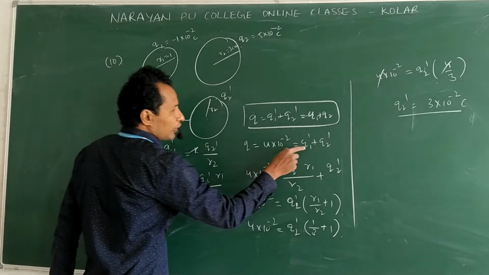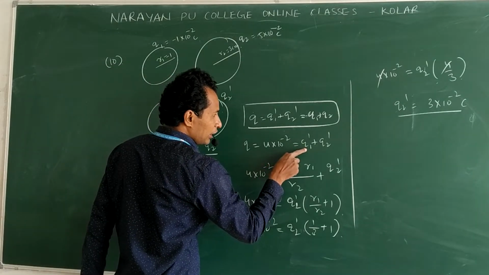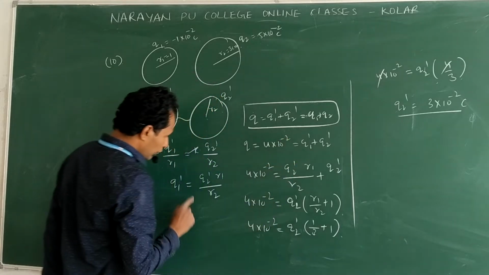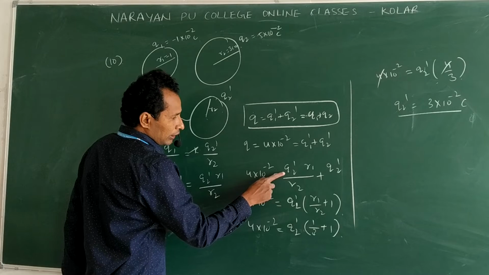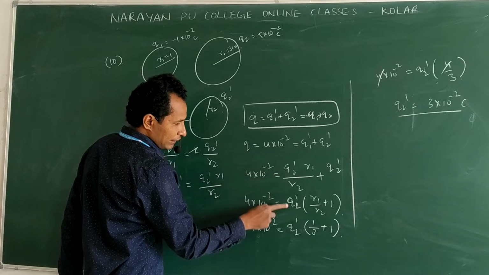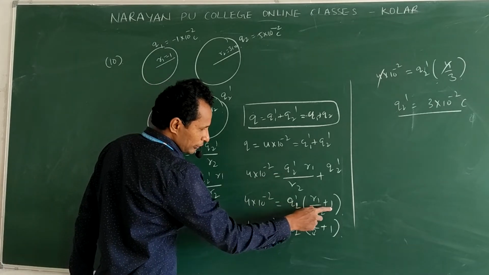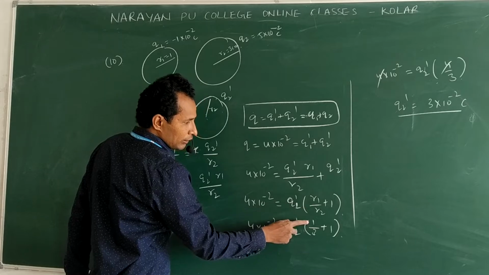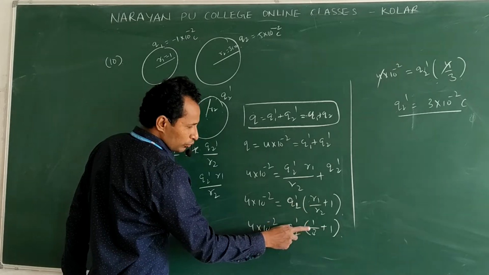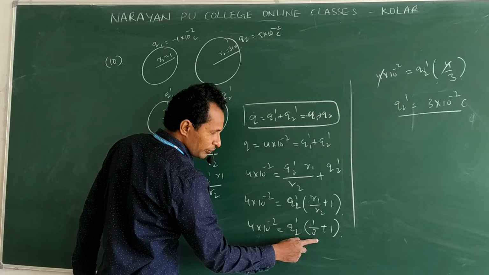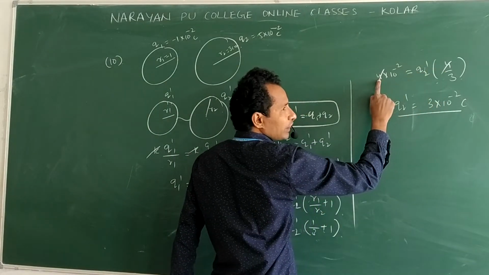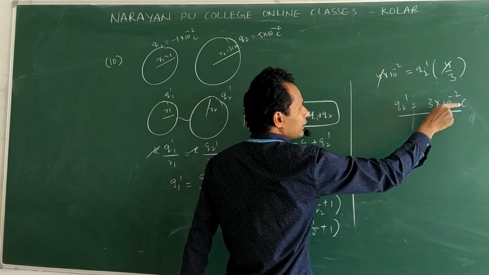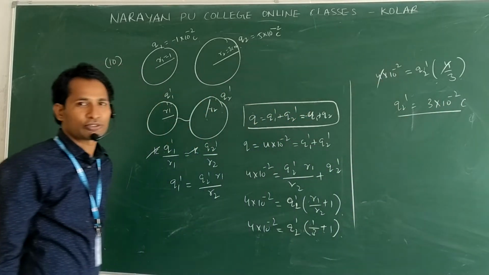From this equation I eliminated Q1 dash, substituted, and in this Q2 dash taken common, R1 by R2 plus 1. I substituted R1 value, R2 value, 1 by 3 plus 1, 3 is the LCM, then this value is 4 by 3. 4, 4 cancel, 3 comes this side, then the answer will be 3 into 10 power minus 1.